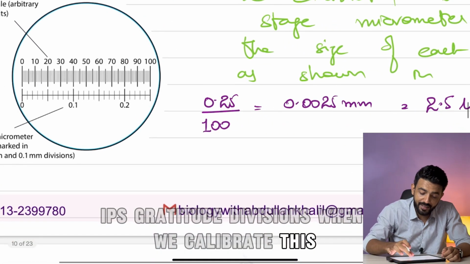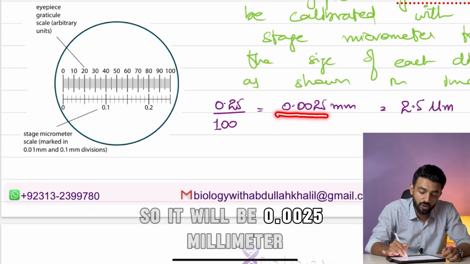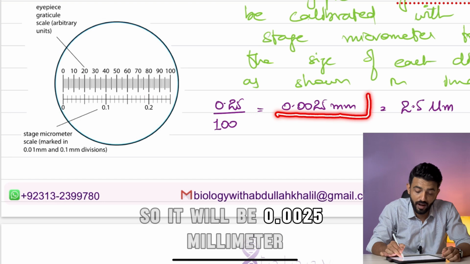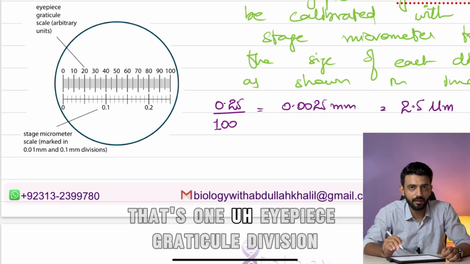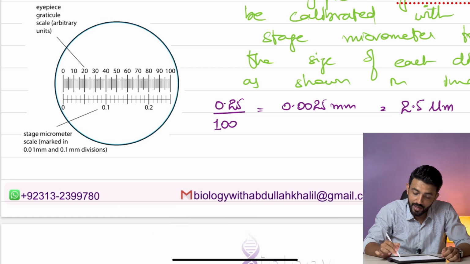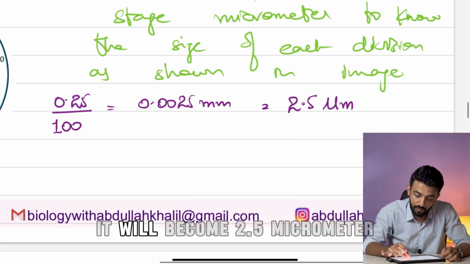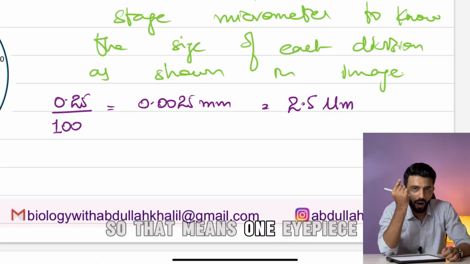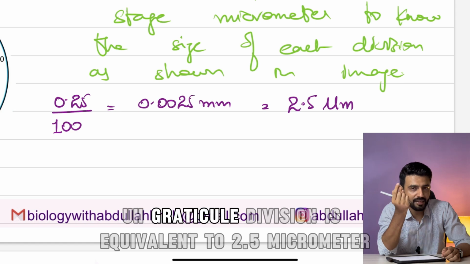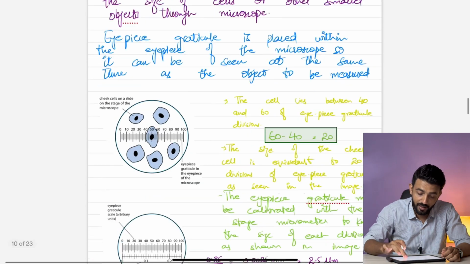When we calibrate this, we are going to divide 0.25 by 100, so it will be 0.0025 millimeter. That's one eyepiece graticule division. And when we convert it into micrometers, it will become 2.5 micrometer. So that means one eyepiece graticule division is equivalent to 2.5 micrometer.